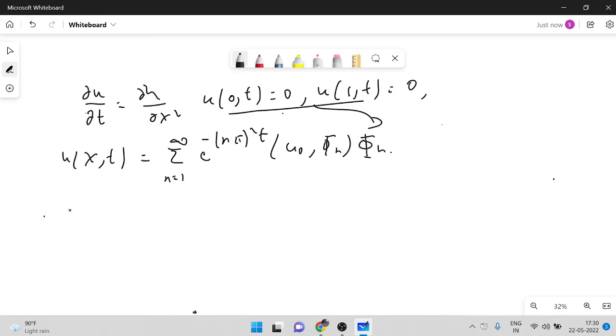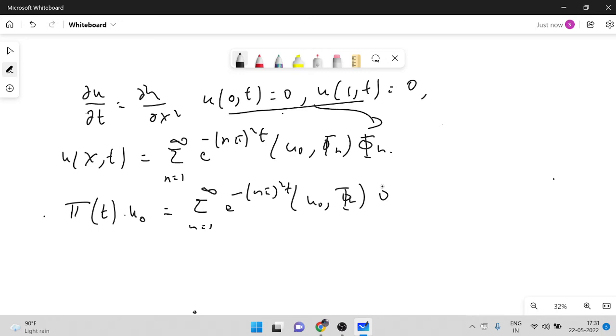So now I define my action of the semigroup T of t on some initial condition u0 to be sigma n equals 1 to infinity e power minus n pi whole square t into the inner product of u0 and phi n, times phi n. So now just see how I am connecting the solution of the PDE to the semigroup.